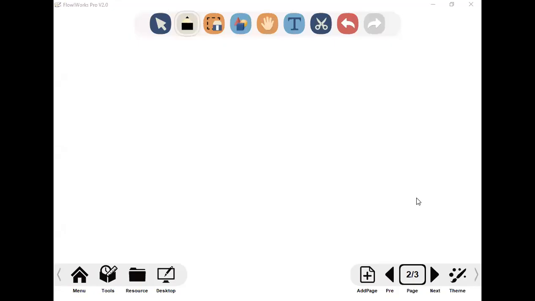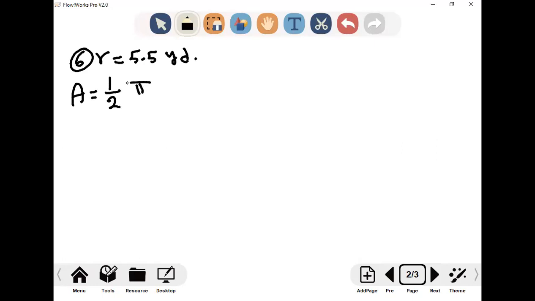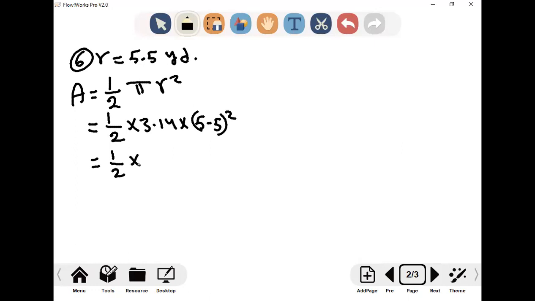Question 6, right? Leader needs to buy mulch for his garden. What is the area of his garden? Use 3.14 for pi. The radius is 5.5 yards. They want the area, and because it's a semicircle, half pi r power 2 equals half times 3.14 times 5.5 times 5.5.